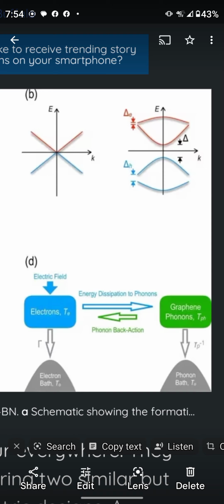That's what it's saying, the energy dissipation to the phonons goes onto the graphene, and you can think the electrons are on the boron nitride film. Because, yes, technically graphene does have those pi bonds, sigma bonds, pi bonds, the bonds with the free electrons, but it doesn't necessarily mean that they can carry any amount of current.